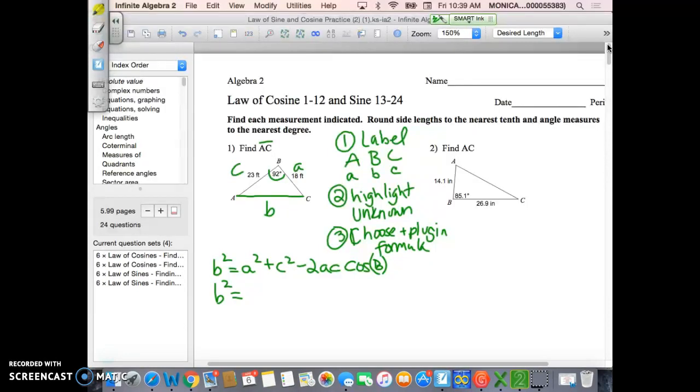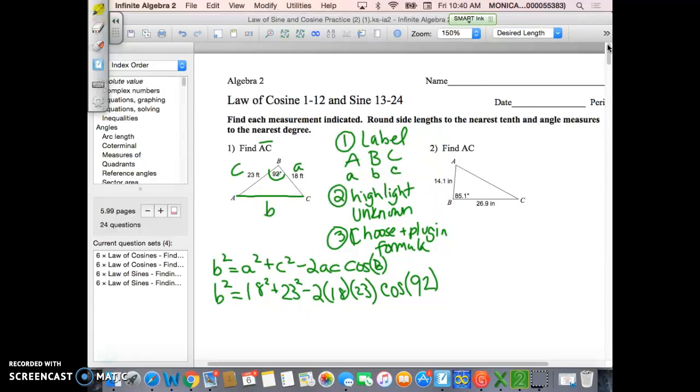root. Okay, A squared is 18 squared plus 23 squared minus 2 times 18 times 23 times the cosine of 92. And literally you hit enter, and hopefully you should arrive at the correct answer.